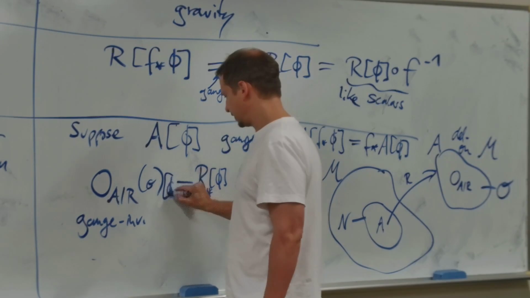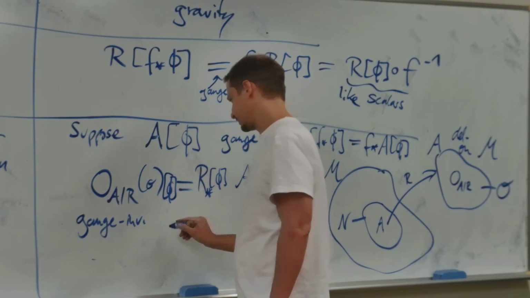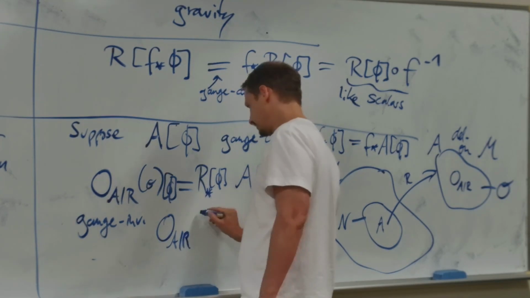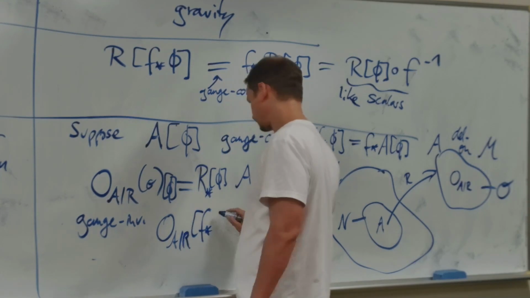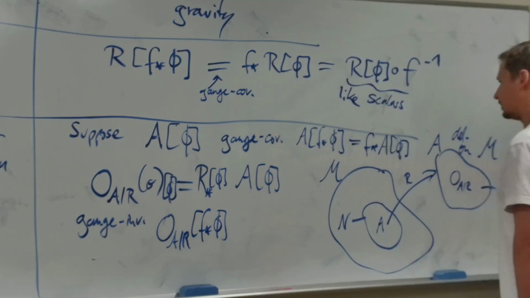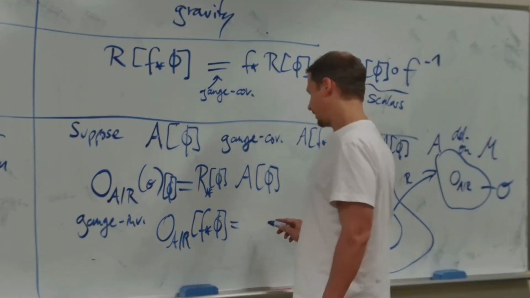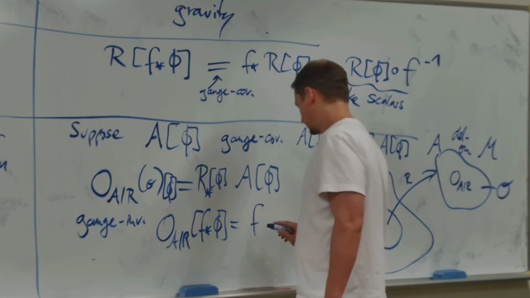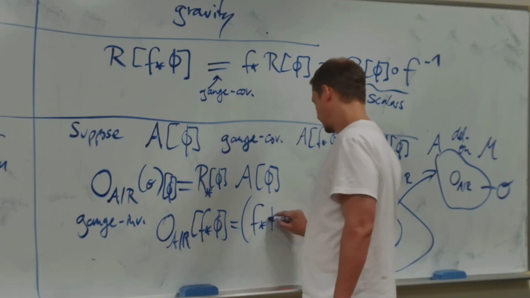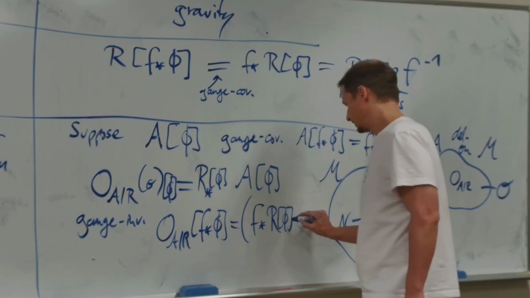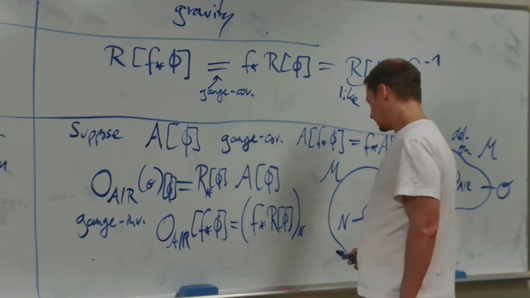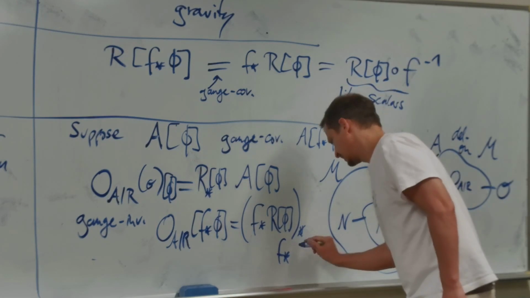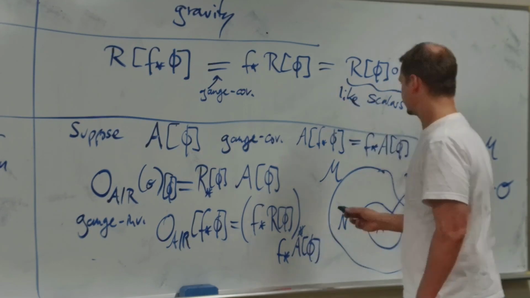There's a phi here, so I can check that. Let me drop this label for the moment, and then we look at F star phi. This will be F star R of phi, and then the star acts on F star of A of phi by this gauge covariance condition.